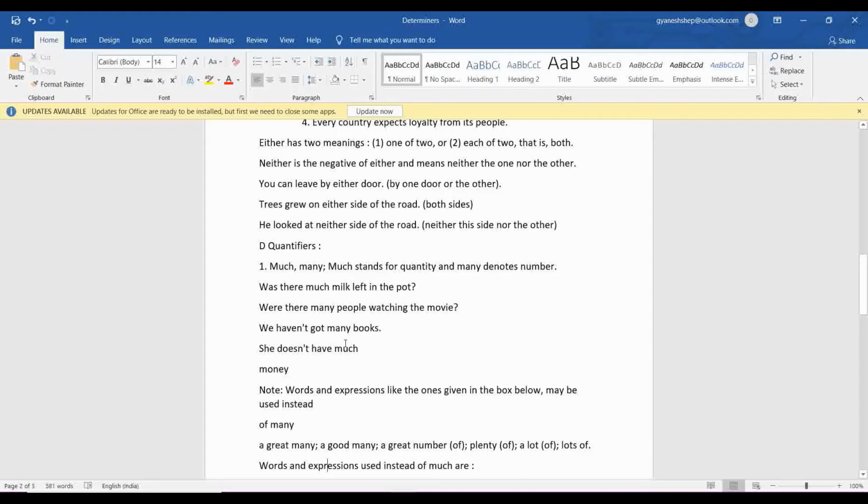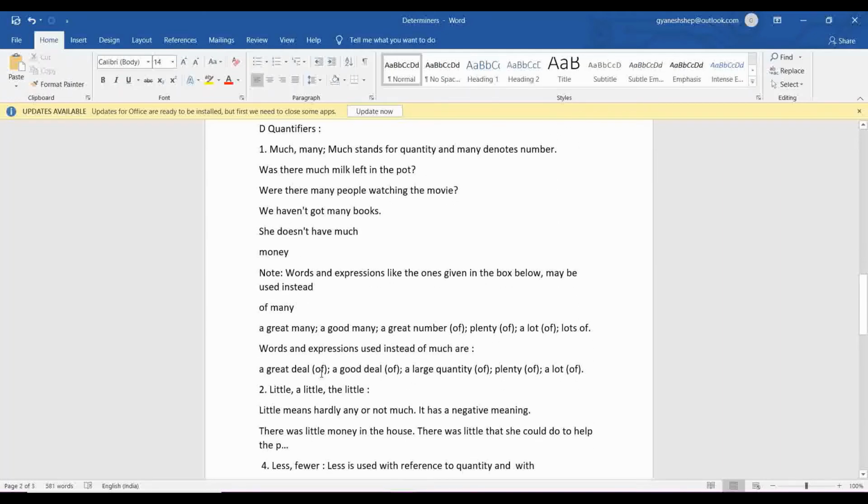We haven't got many books. She doesn't have much. So this way, according to the things, we will use the quantifiers. Now, for money, what will we use? This is always a confusing thing for us.